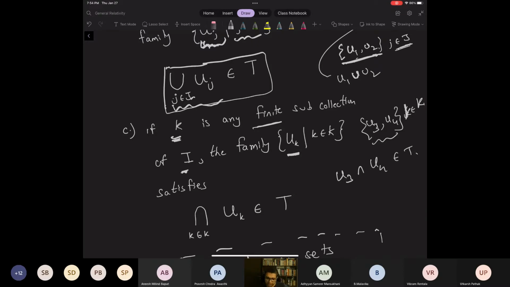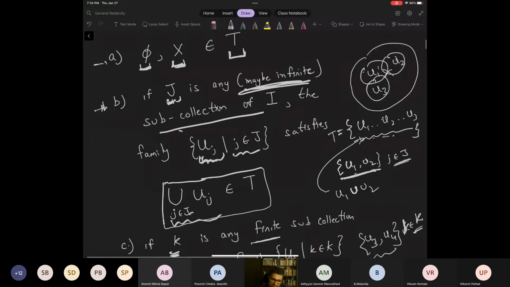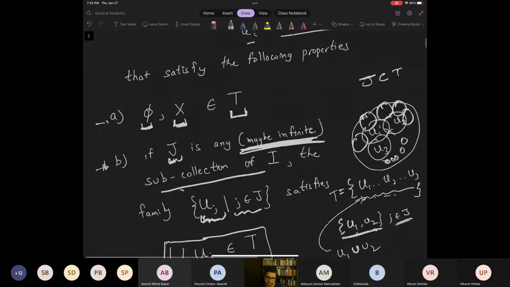And this should be true for any collection K. So the key difference between these two conditions is that in the union condition you're allowing maybe an infinite collection of these subsets. So imagine I'm making them smaller and smaller, and I collect all of them. Their union should also belong to T, to this collection of subsets.